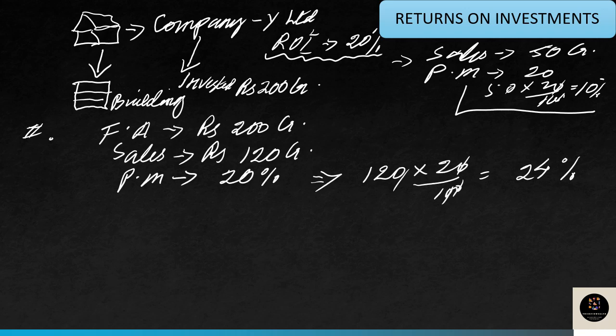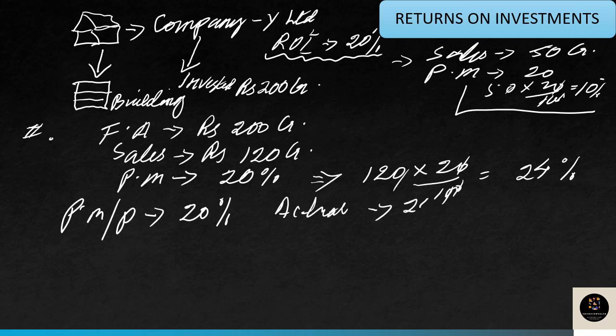So in this situation, the investor will be very happy since the profit margin or profitability is 20% and actual profit for this business is 24%, and the expected return on investment is 20%.